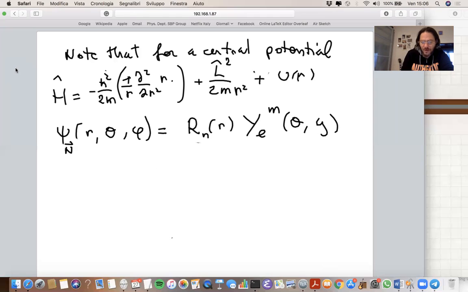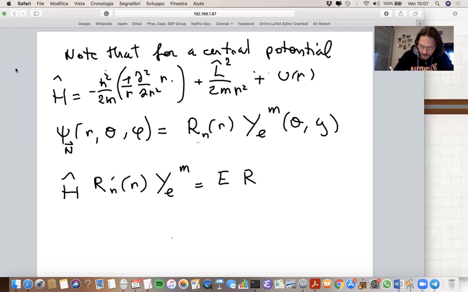Okay, so now I want to use this fact, take the Hamiltonian, write down this combination, and see what happens. Well, let's be specific.